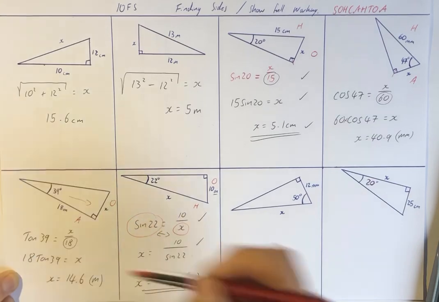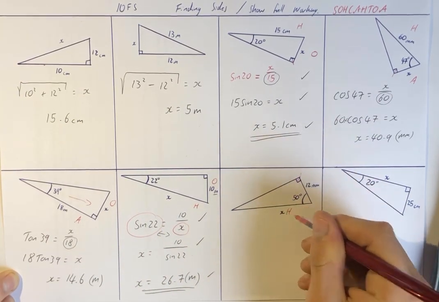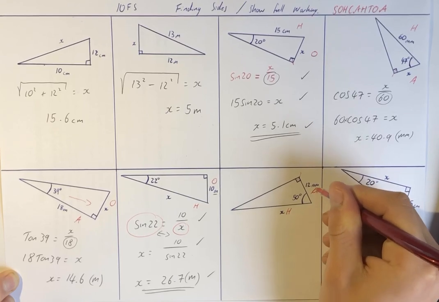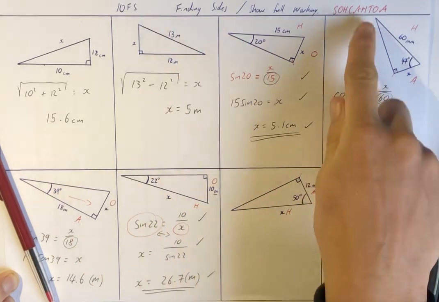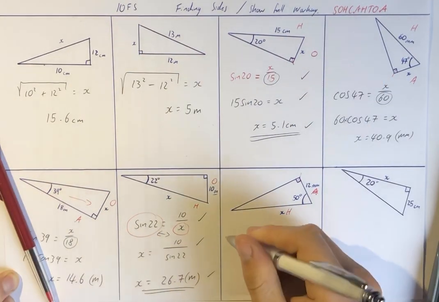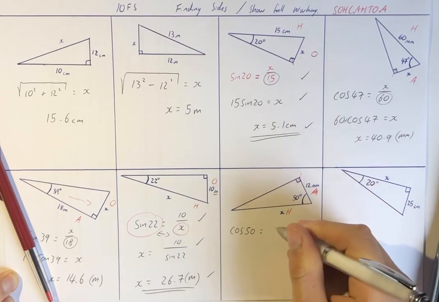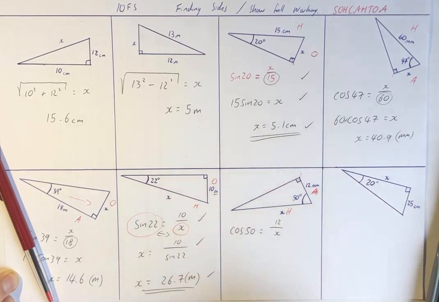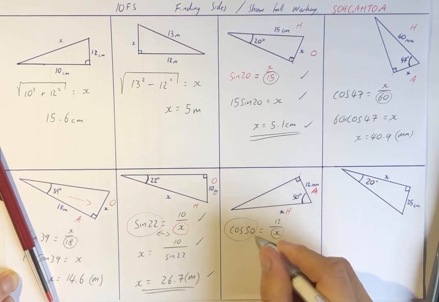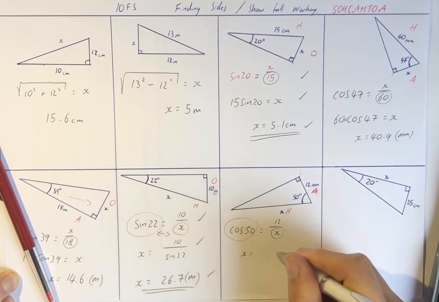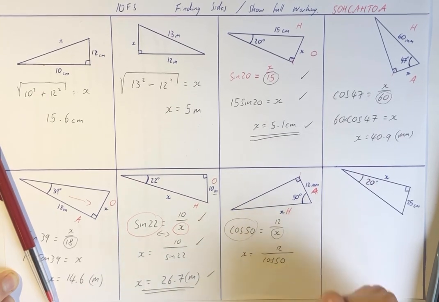Okay, so first thing I want to do is label. And I'm not dealing with the opposite. I'm dealing with the hypotenuse and the side that's beside that angle. So A and H. So cosine. Cosine of 50 is equal to A over H. And we don't know the denominator, so we have to do our switch there. So x equals 12 over cosine 50.